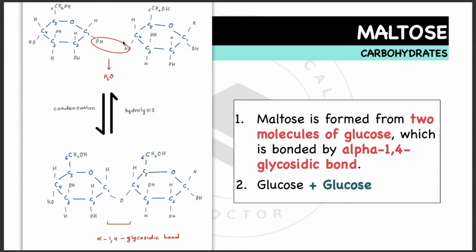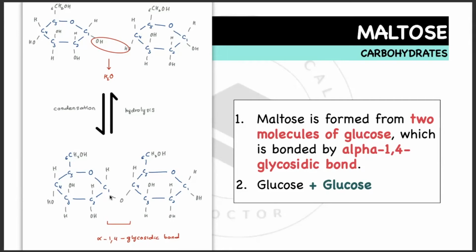What happens is that it will actually remove water. So the hydroxyl from one alpha glucose and the hydrogen from the hydroxyl of another alpha glucose. So water will be removed through condensation reaction, and this is where they will be bonded here.